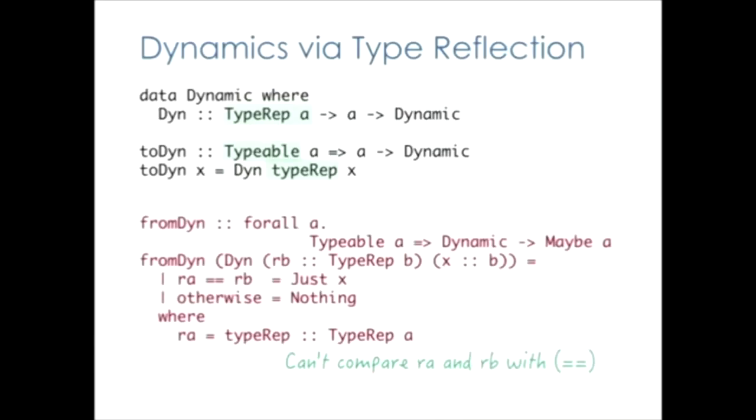But just x, what type does it have? x is a B, so just x is Maybe B. We need to return Maybe A. So it has the wrong type there. So we can't write this code. What do we have to do? Clearly unsafeCoerce, right? Clearly. No, let's do better.